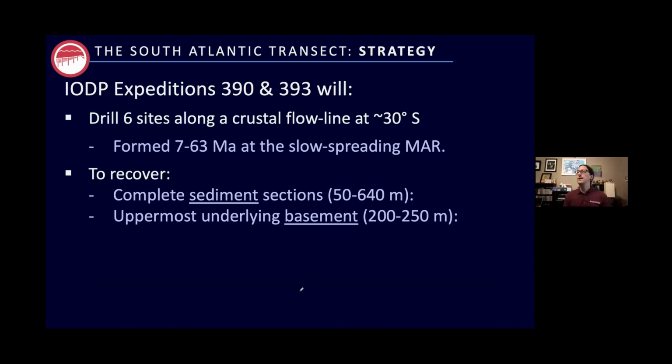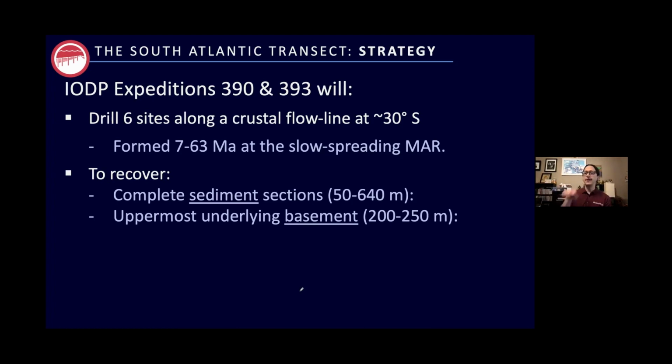Getting back to the South Atlantic TRANSECT, the strategy we ended up deciding on was to drill six sites along a crustal flow line at 30 degrees south on the Mid-Atlantic Ridge. What I think is really cool, and makes for exciting science, is that all of these sites were formed on the same segment of the Mid-Atlantic Ridge.